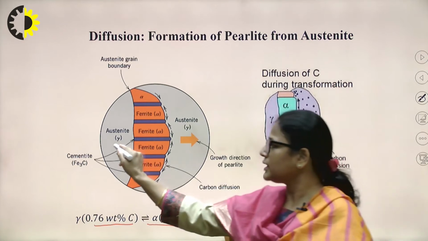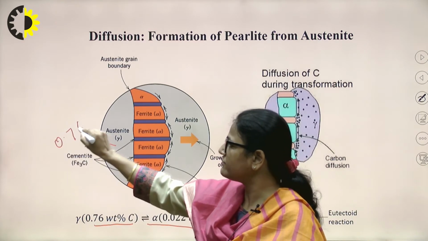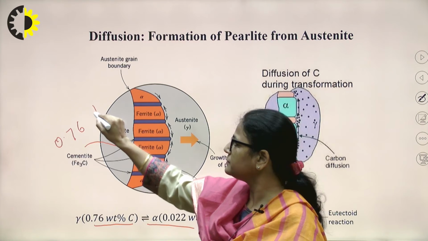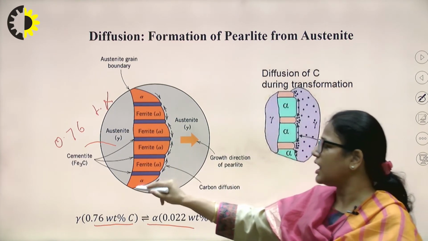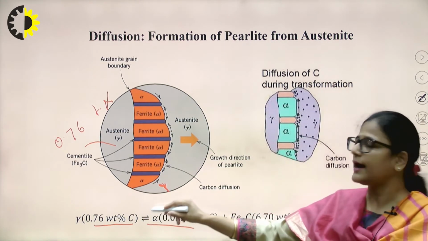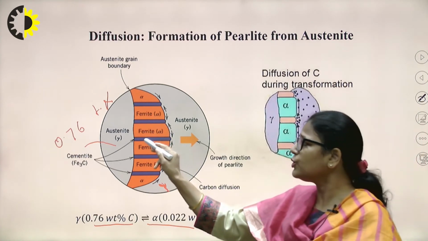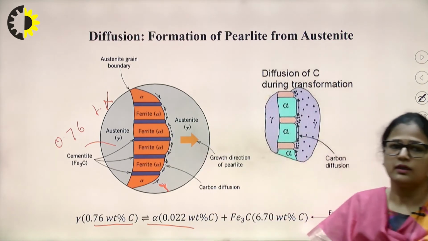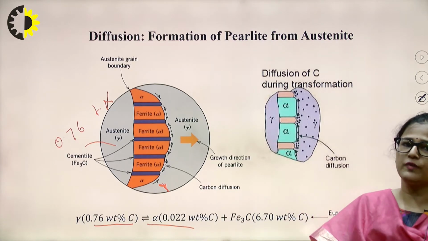So here the austenite has a carbon concentration of 0.76 weight percent, and this austenite grain after the eutectoid isotherm line changes to pearlite. As we know, the ferrite can accommodate only 0.022 weight percent carbon.